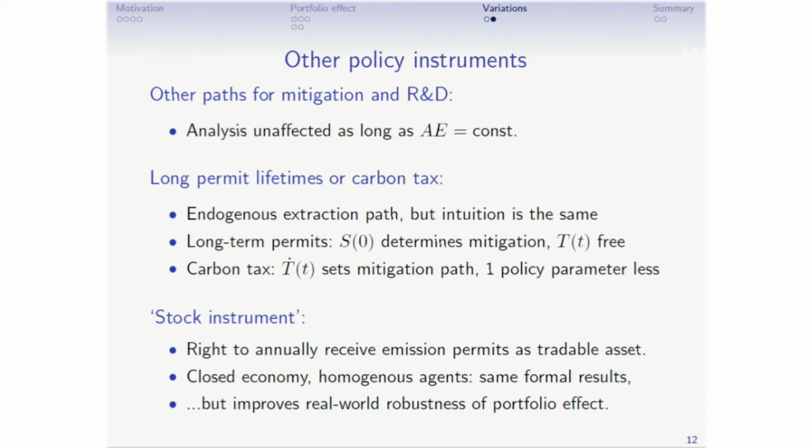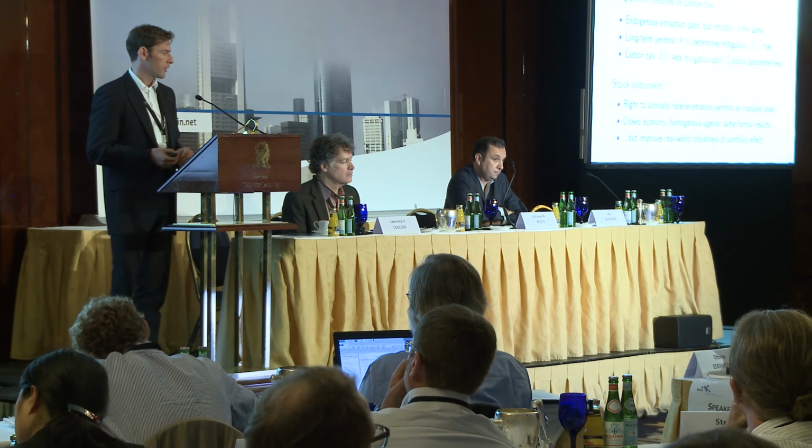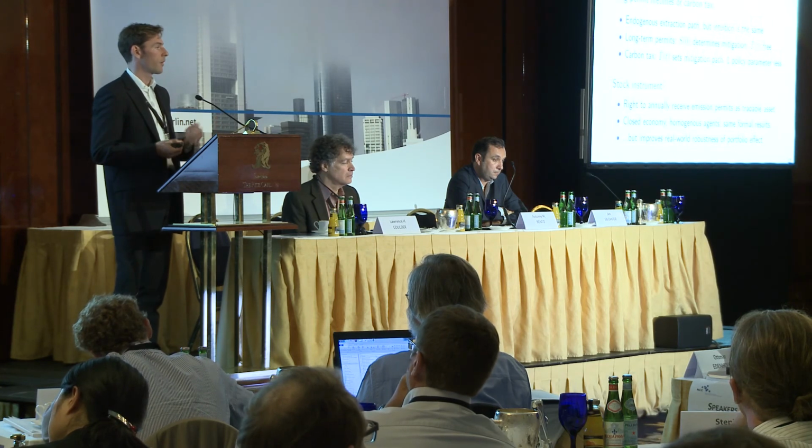The second thing was that I exogenously fixed the extraction dynamics, directly controlled them. And of course, the question is what happens if you have an endogenous extraction path. For example, under long-term permit schemes, which are more usual in reality, or under a carbon tax.